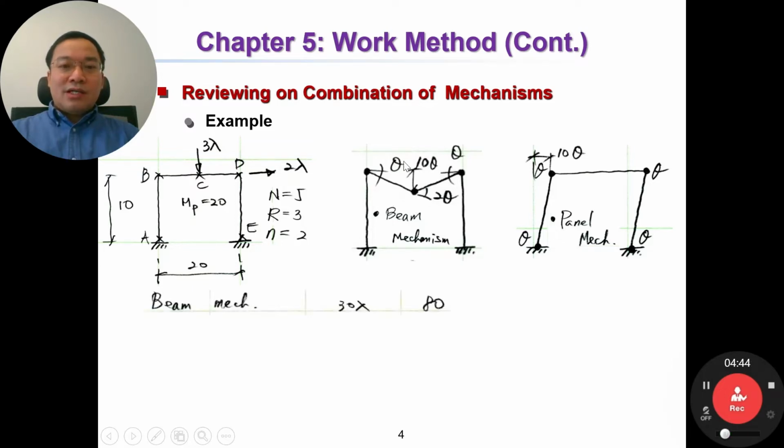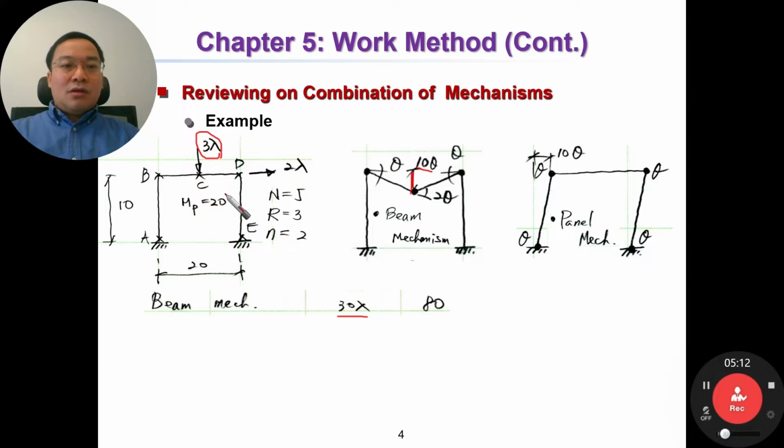The external work is equal to the vertical load 5 lambda multiplied by this distance, equal to 10 theta, then equal to 30 theta.